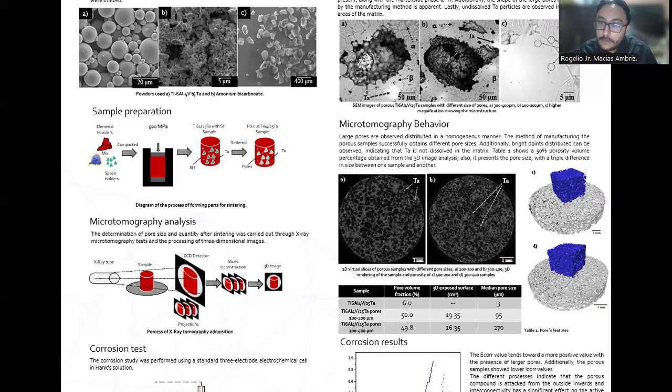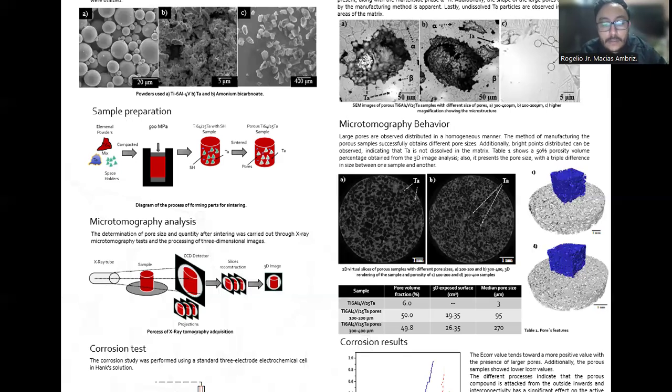The microtomography results. Using the microtomography technique, the quantity and size of the pores obtained can be evaluated. The two-dimensional tomography shows the difference between the different pores generated by the size of the pore-formers used. In addition, small undissolved tantalum particles were detected.